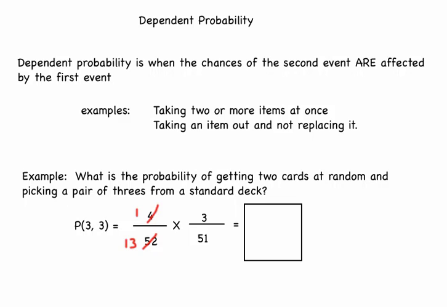This too will reduce. We'll reduce that by 3, and reduce this by 3. So the probability of getting 2 3s in a row is 1 out of whatever 13 times 17 is. I'll let you guys do this one on your own.